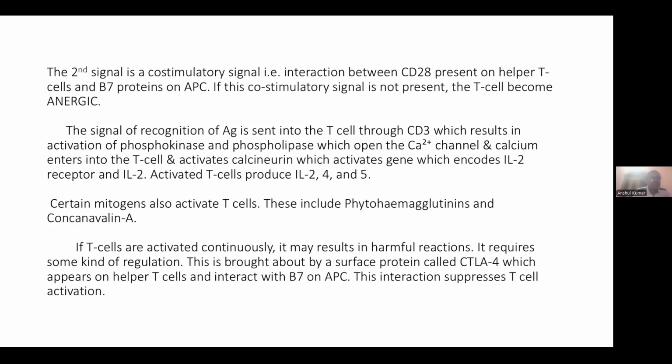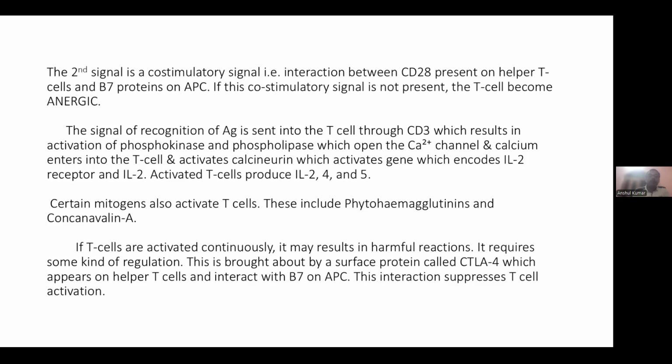Anergic T cells remain viable and functional, but they are refractory to stimulation by antigen, so they do not get activated, and therefore there is no immune response. They can be long lived, persisting for weeks and months. So that is the importance of the co-stimulatory signal.